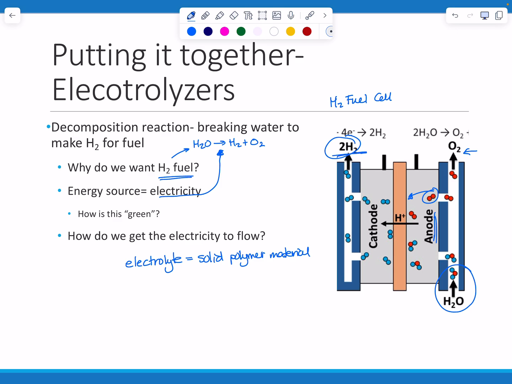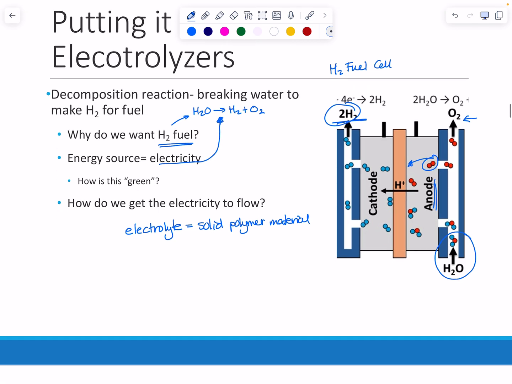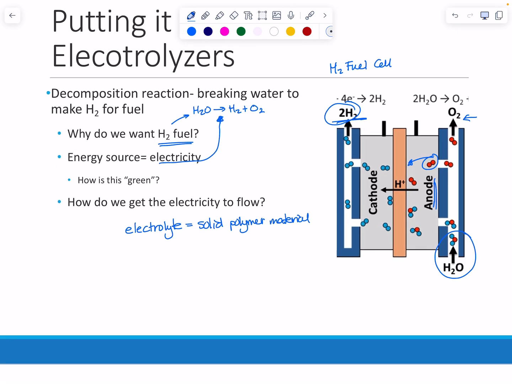But to do this process, you have to have a material. And so the electrolyte is this gray stuff that's in there. And so that's what your charges are going to be flowing through.